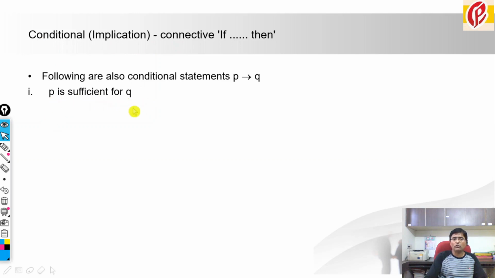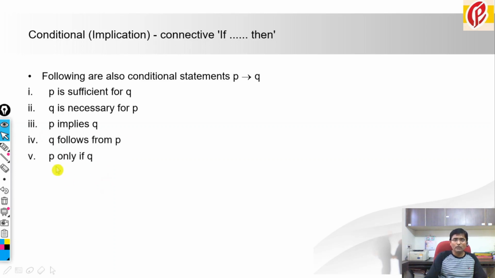P is sufficient for Q. Or Q is necessary for P. P implies Q. Q follows from P. P only if Q. These all are also conditional statements. Remember this. Is sufficient for, is necessary for, implies, follows from, only if. These are all conditional statements.